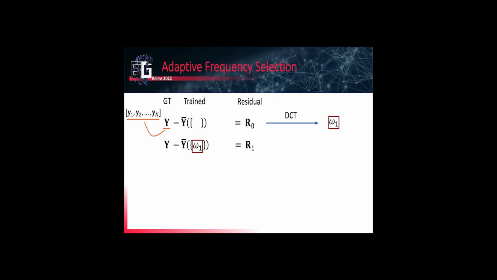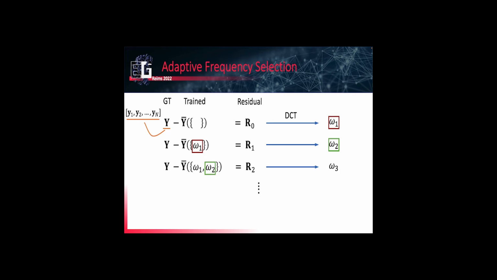We next retrain a network with one additional Fourier feature frequency, and then again compute the residual between ground truth and trained data, and then perform DCT of the residual and find the next frequency to add.